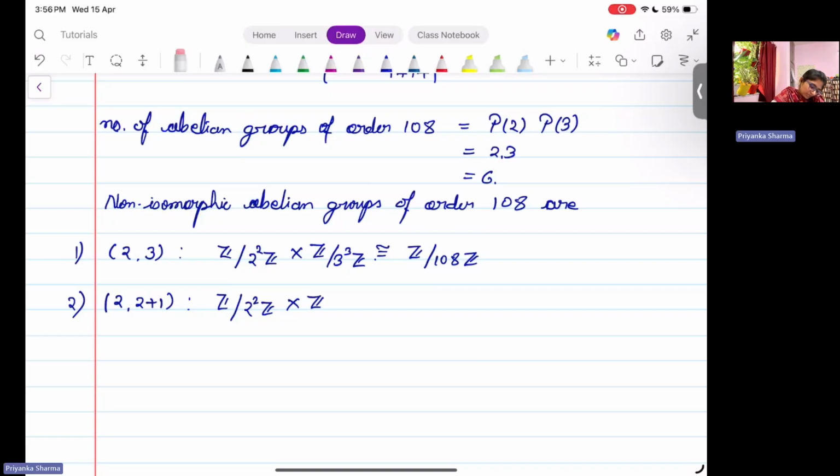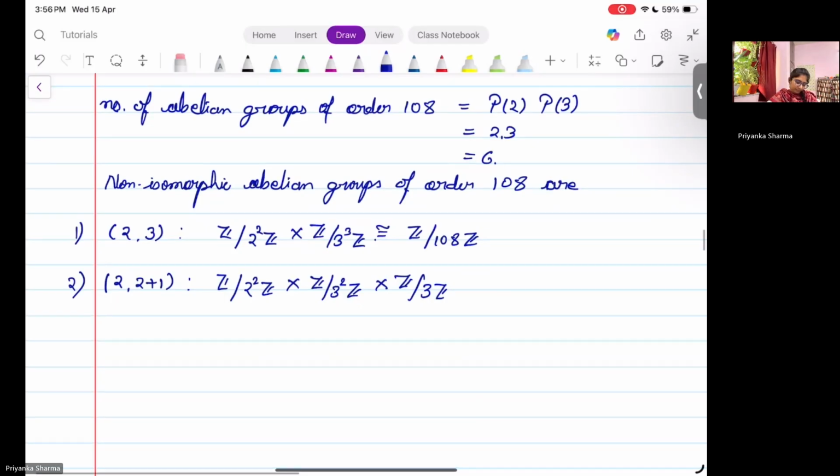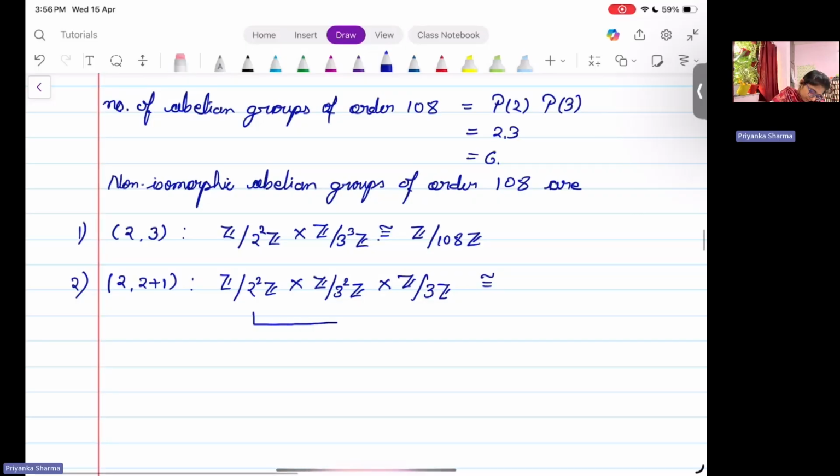So this will be Z mod 3 square Z cross Z mod 3 Z. And if we want to write the second version of the structure theorem, we can club these two, that is Z mod 2 square times 3 square, because these two are relatively prime, cross Z mod 3 Z.